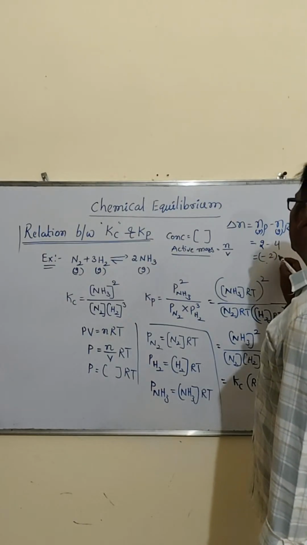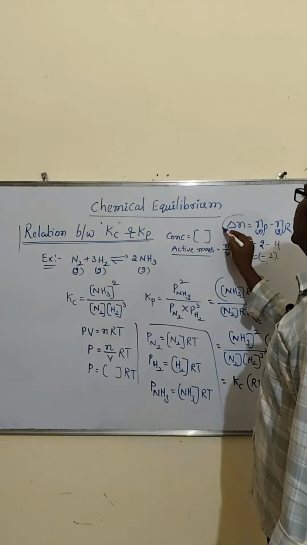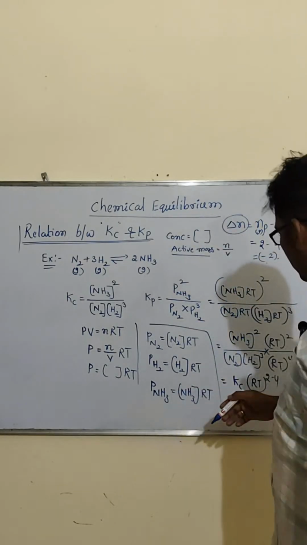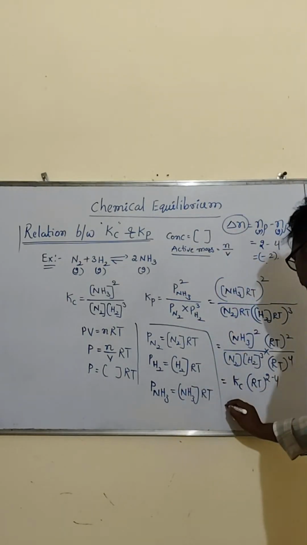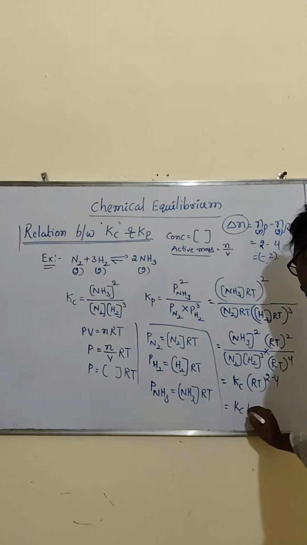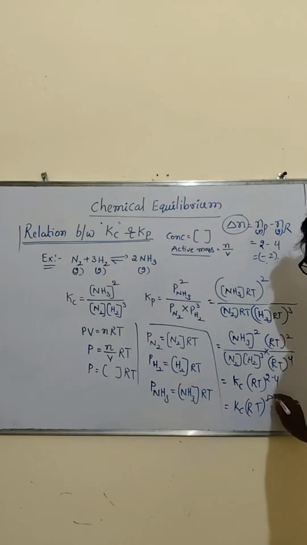So in the place of minus 2, we can take delta n value, and we can take Kc into RT power delta n.